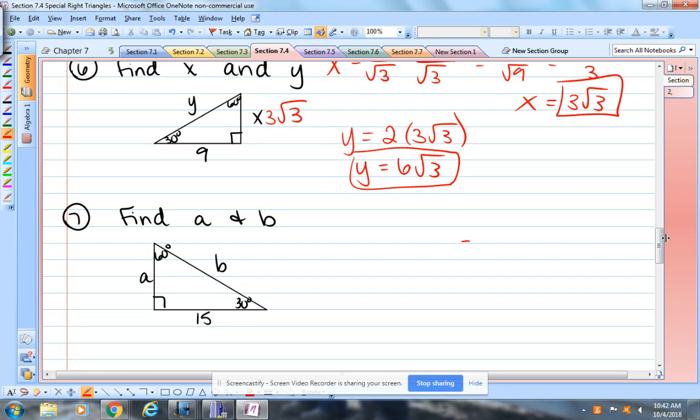All right. Oh, they did it to me again. They did it the hard way again. Which one did they give me? Short leg, long leg, or hypotenuse? Yeah, the one across from the 60 is the long leg. Okay? So first we need to get the short leg, which is A. How are we going to get that?